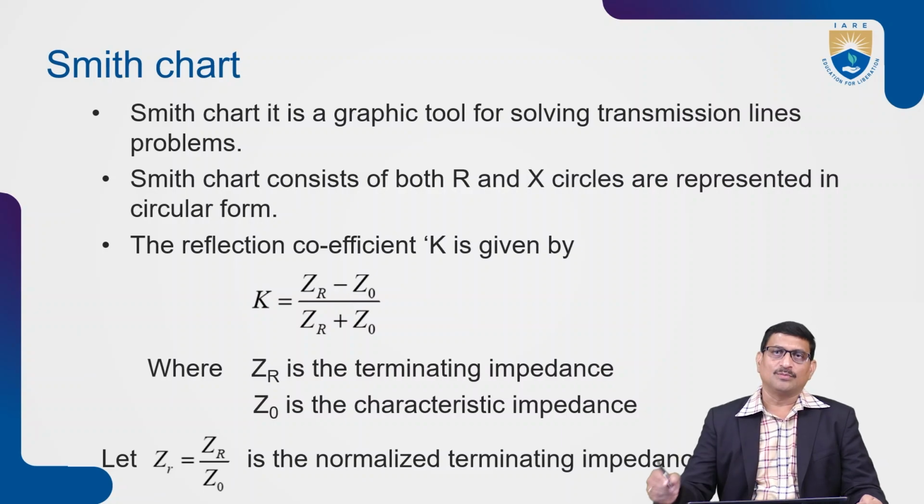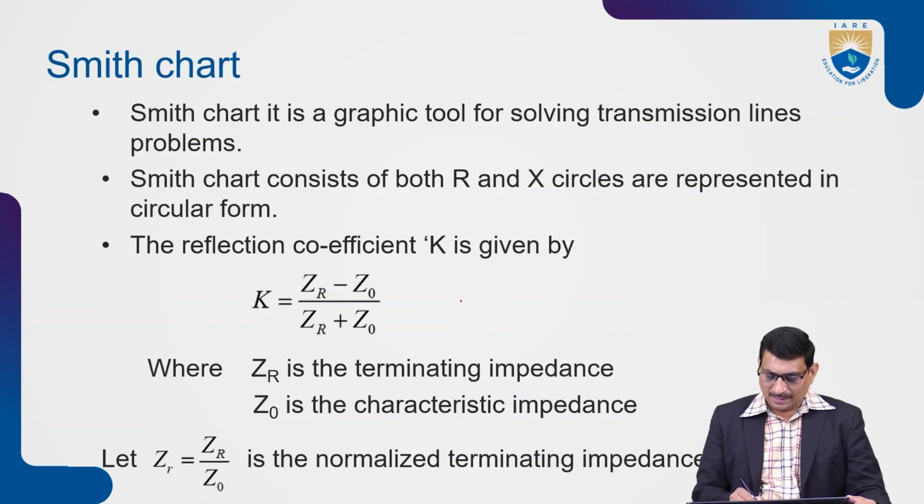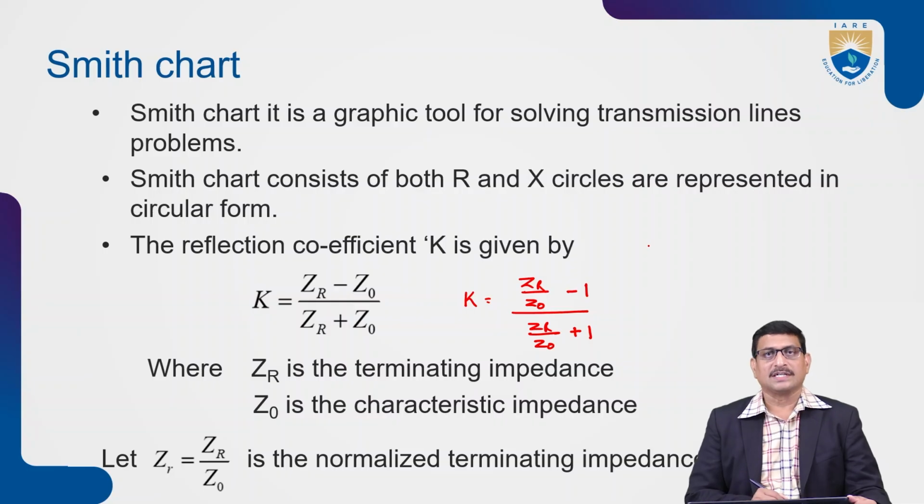Suppose I divide both numerator and denominator of the reflection coefficient expression by Z0, then K is equal to ZR by Z0 minus 1 divided by ZR by Z0 plus 1. Suppose I assume ZR by Z0 as the normalized terminating impedance, which we denote with Z suffix small r.